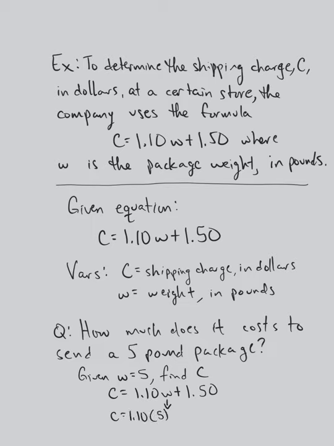Remember, if you're filling numbers into an equation, I advise you to use parentheses there. Now if you calculate this, 1.10 times 5 is 5.50. Then I'm adding on this 1.50. Sorry that I ran out of space and I'm writing so small. If you add those two numbers together, you get 7.